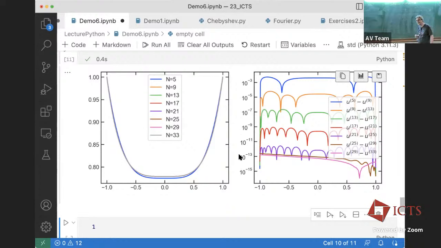And curiously enough, even with 5 modes, where we have an x to the 5th here and an x to the 11th floating around here, this hardly mattered because the error is only 0.1%. Okay.